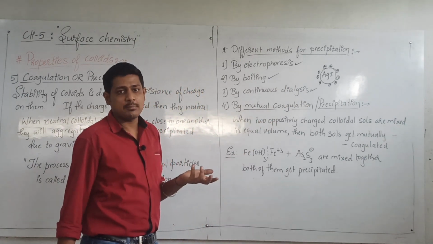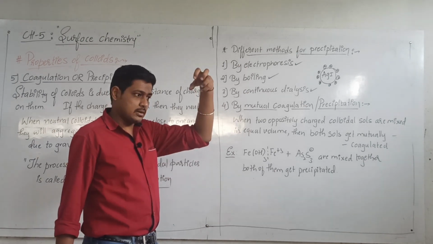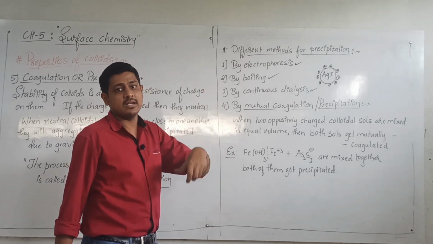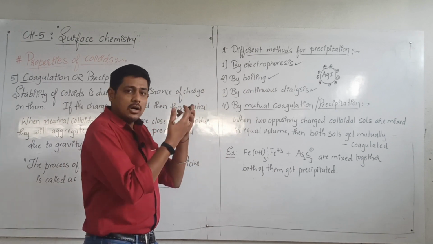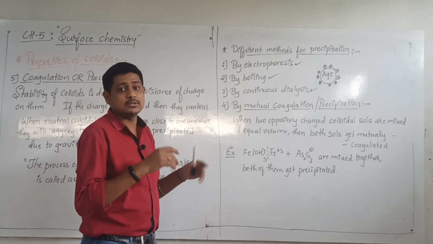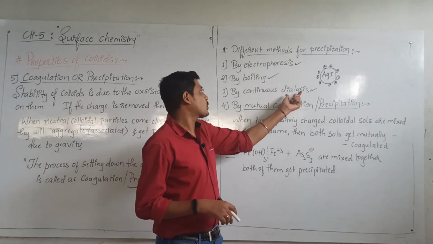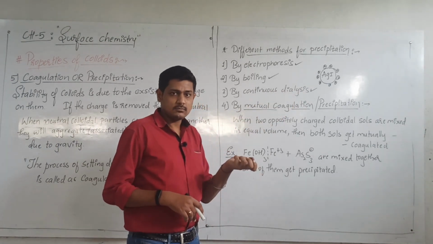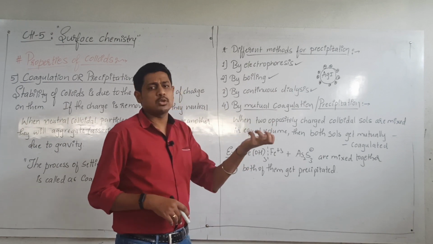So in dialysis, what will happen? We take the colloidal solution in an animal membrane bag, and that bag is immersed in a tank wherein the water is continuously flowing. So only the electrolytes will pass through that animal membrane, and only the colloidal solution will remain in the bag, with the required amount of electrolyte.